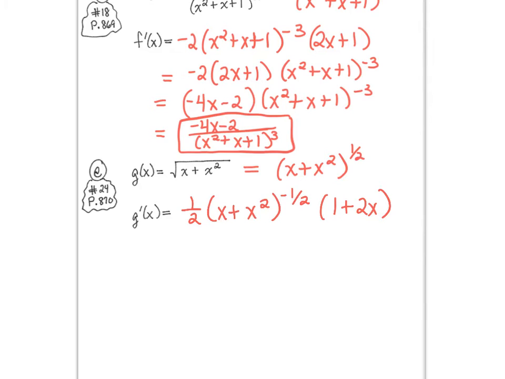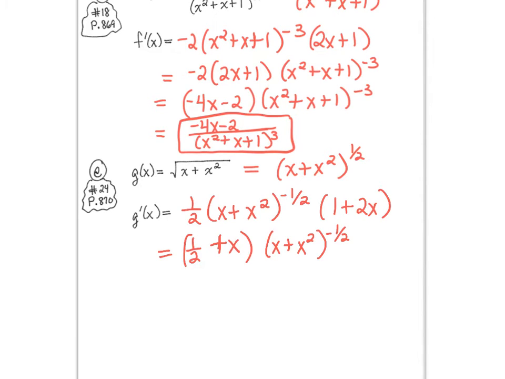And then you multiply the quantity 1 plus 2x times 1/2 to get 1/2 plus x, in parentheses. And then you multiply that by the quantity x plus x squared raised to the negative 1/2.